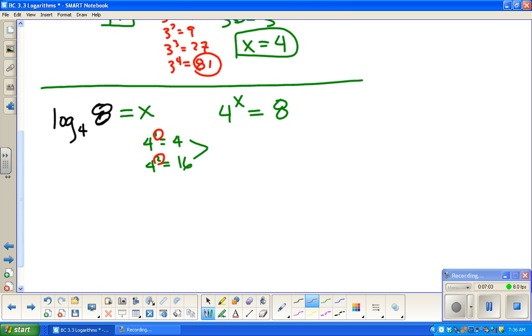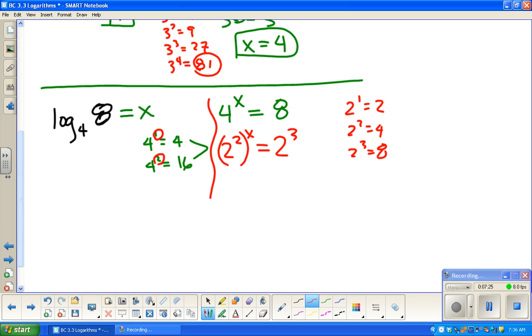Okay, so what I'm going to do is actually, I know that 4 is also a power of 2. So I'm going to write this as 2 squared to the x. And then 8 happens to be a power of 2 also. 2 to the 1 is 2, 2 to the 2 is 4, 2 to the third is, there it is. So this is 2 to the third.